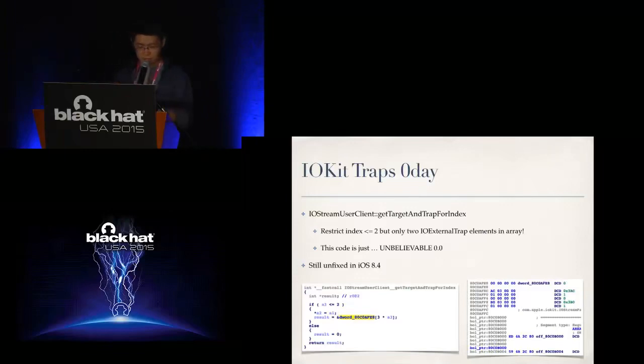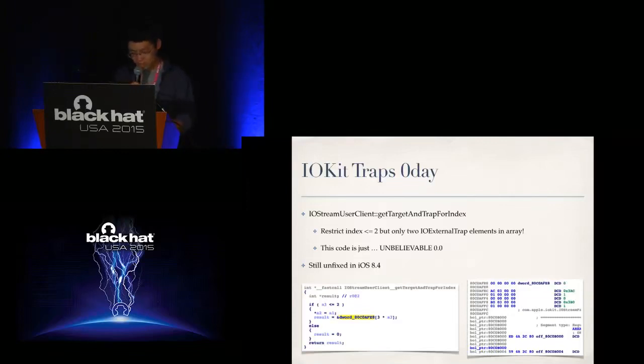For the IOStream user client, it overrides the getTargetAndTrapForIndex function, and you can see in this function that a3 is the input parameter. This is the index. The function restricts the index to be less than or equal to 2.